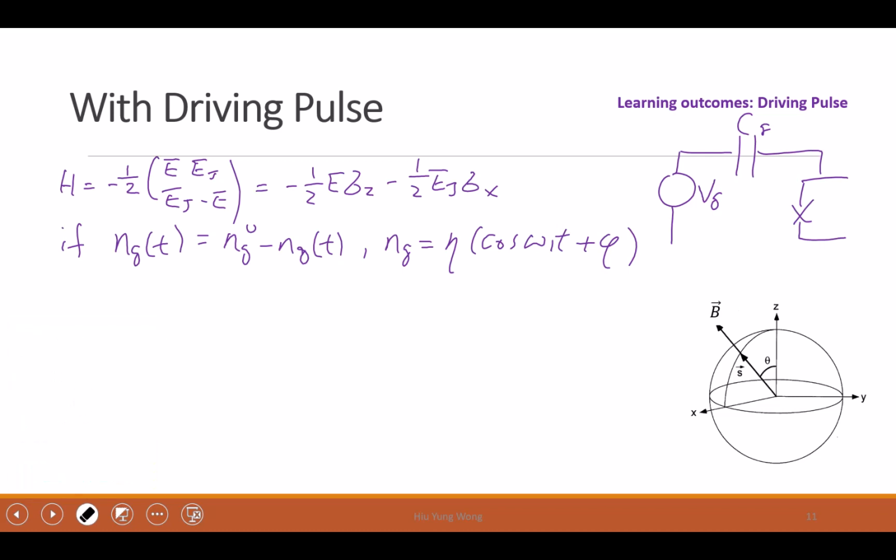Yeah. Oscillate. Which one oscillating? Very good. Right? What if my Vg equals Vg0 plus, I don't know what to say, maybe let's say A cosine omega 1 t, for example, yeah?